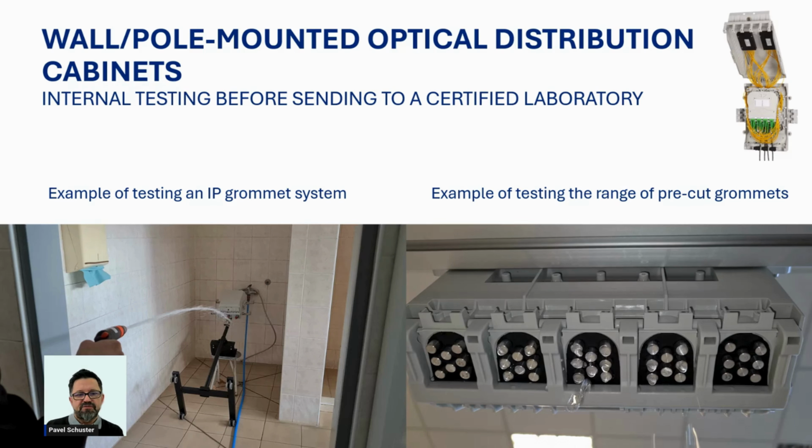The second video is of a small dome closure, or not dome closure, a small closure which is extremely resistant to vandalism. As you can see, those small closures are used in some European countries to connect family houses, and the distribution point, in this case this small closure, is placed in or under the pavement, in a not really deep hole, only, let's say, 20 to 40 centimeters under the tiles.